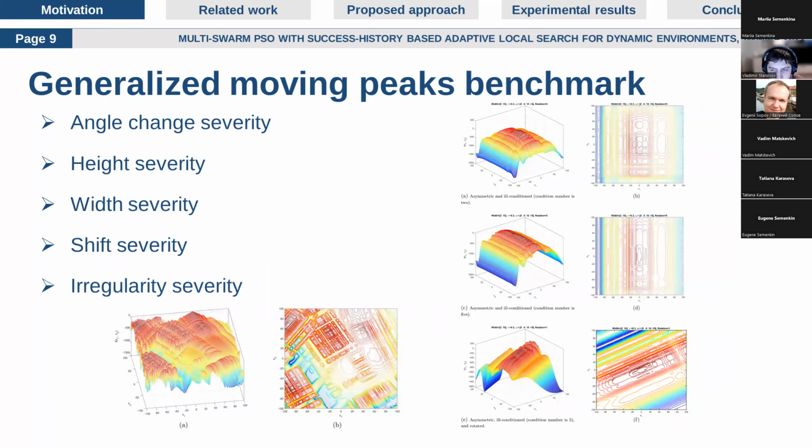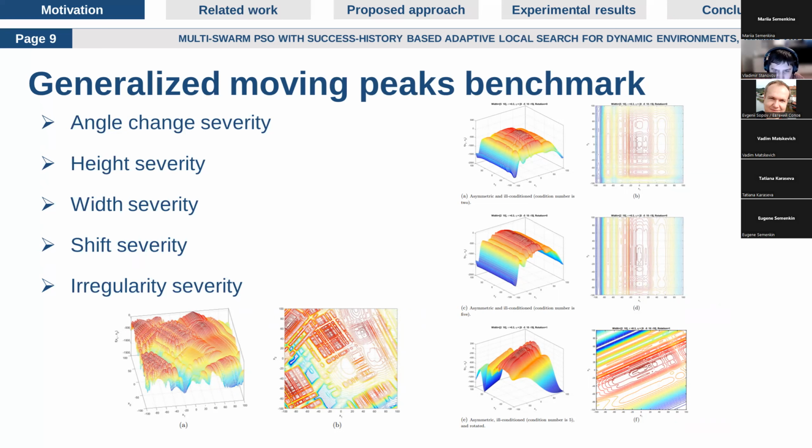So what changes in this case? Of course, the rotation angle changes, the height of every peak changes, the width, the shift, and the irregularity of every peak changes. In the case of the GMPB benchmark, the positions and the parameters of all peaks stay the same for a short period of time, maybe 1,000 function evaluations, then the environment changes.